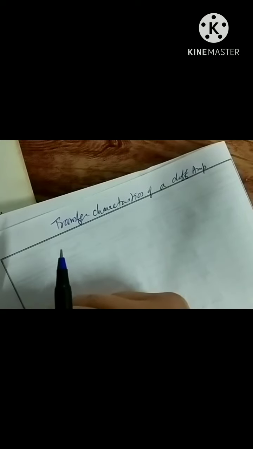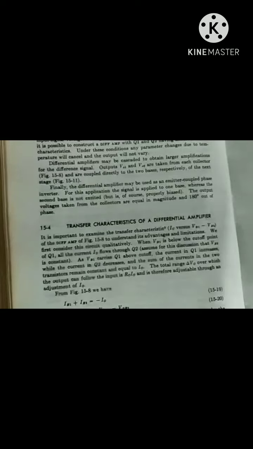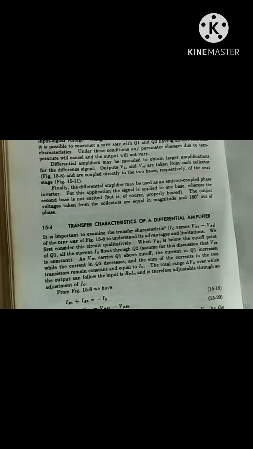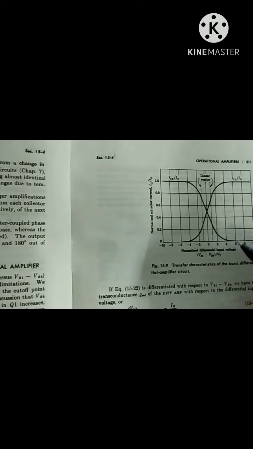Now we will study the transfer characteristics of a differential amplifier. We have studied the differential amplifier. Now we study the transfer characteristics, which are given as the collector current IC versus the differential input voltage.